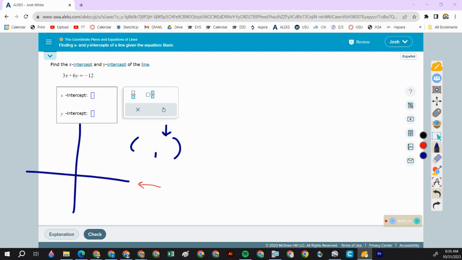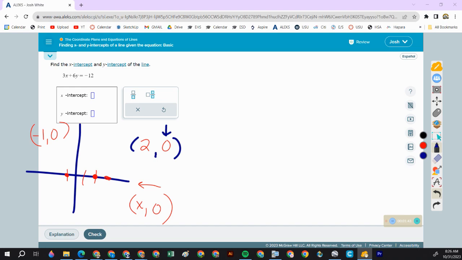So if we pick a point on the x-axis like this one, it's (2, 0). If we pick a different point, (-1, 0). Any point on the x-axis is going to be some x value, 0.